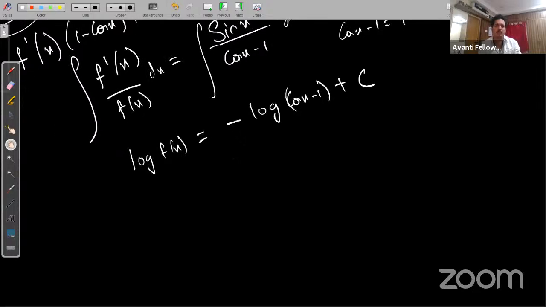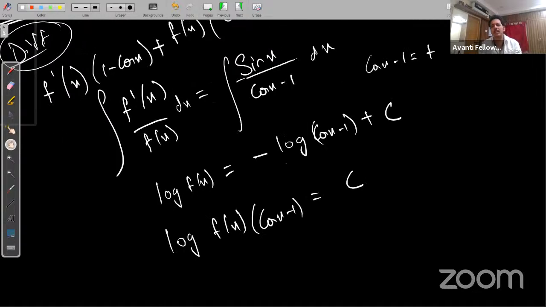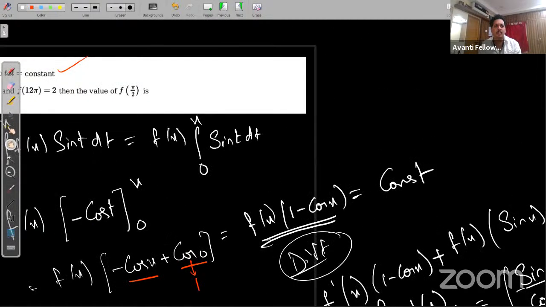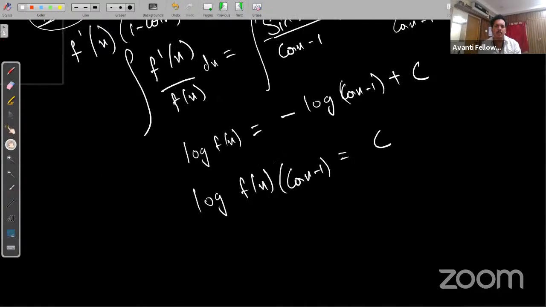And now moving further, it is log f of x plus log of cos x minus 1, meaning f of x into cos x minus 1 is equal to some constant c. Okay, so now what he has given, guys, is f of 12 pi is equal to 2.